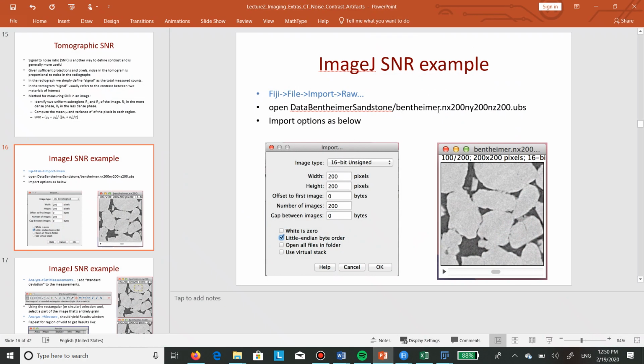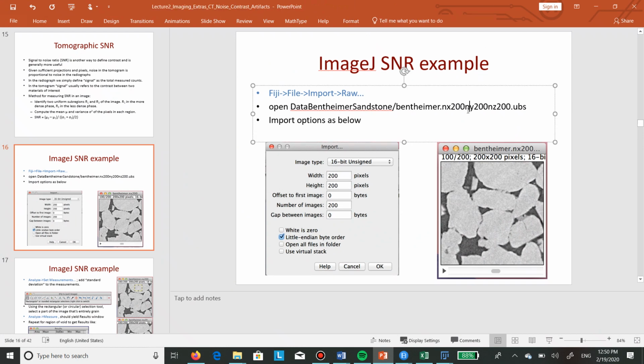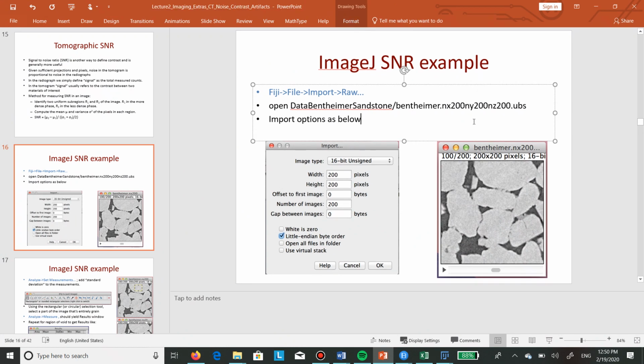So it's Bentheimer nx200 ny200 nz200 ubs, or possibly it's showing up as .raw. That kind of depends on the computer.